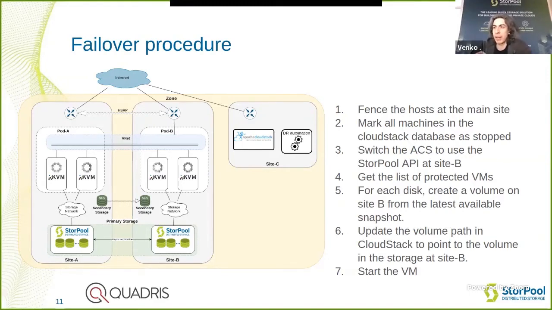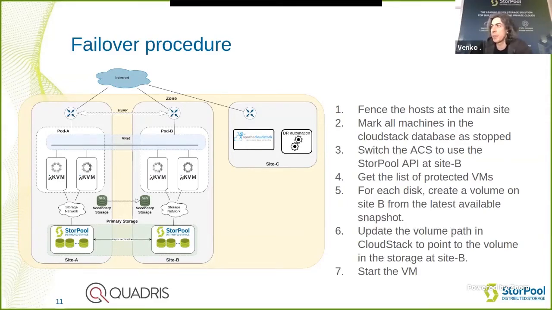So we need to make sure that in this case there are no instances of the virtual machines remaining on the main site that are still working, and that can connect to online resources and do some stuff, because we will need to bring up the instances at site B, and we do not want to have two instances of the same virtual machine.